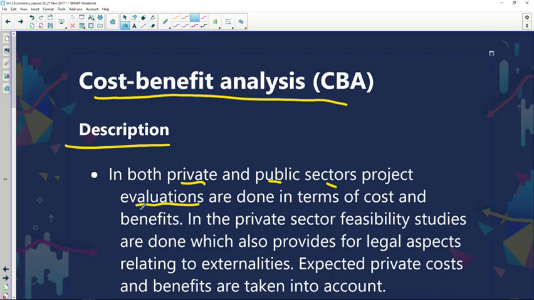In both the private and the public sector, project evaluations get done because you don't just wake up and say, you know what, I'm going to build a bridge. A lot of work and planning needs to go into that, and all sorts of costs need to be considered before the project is developed.